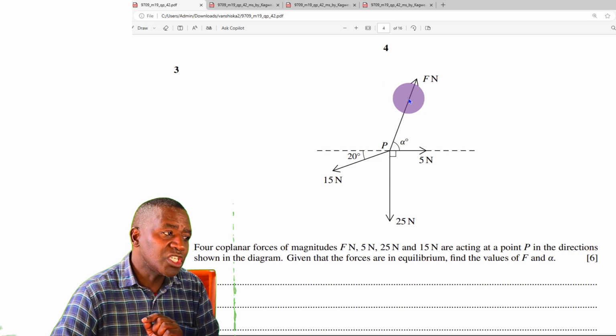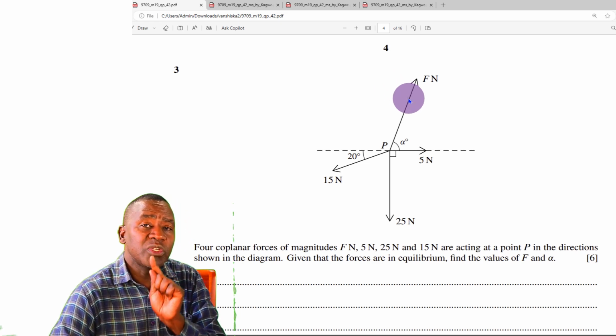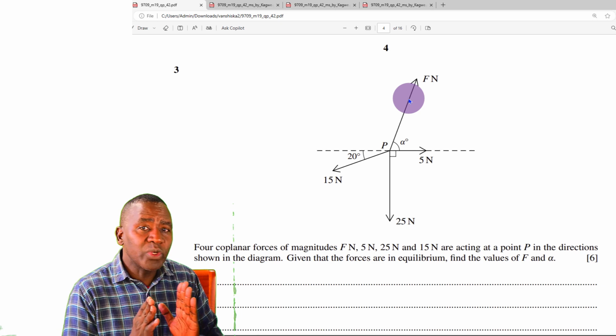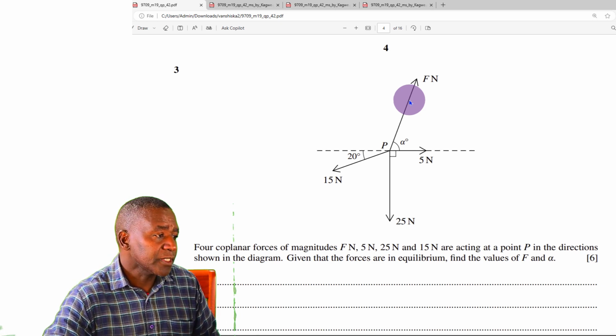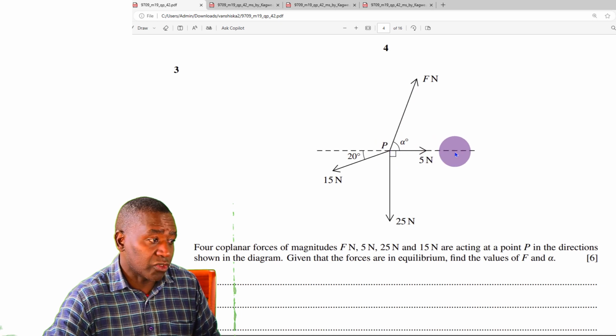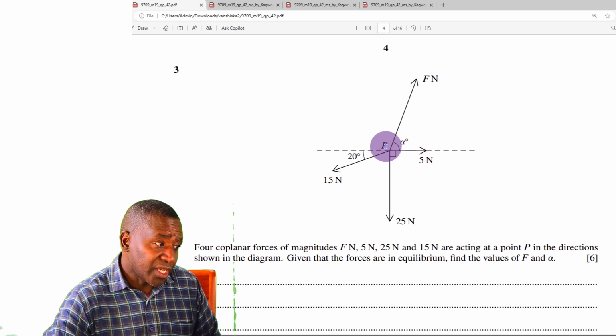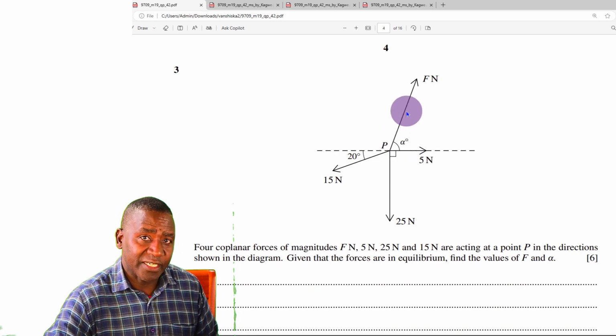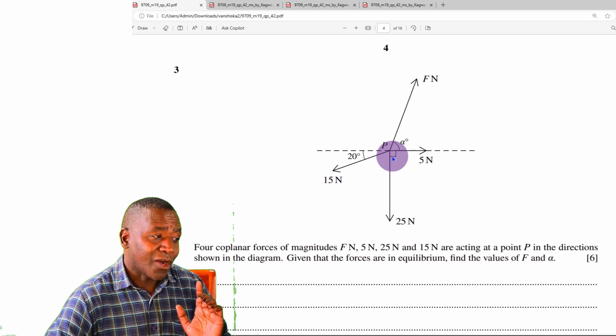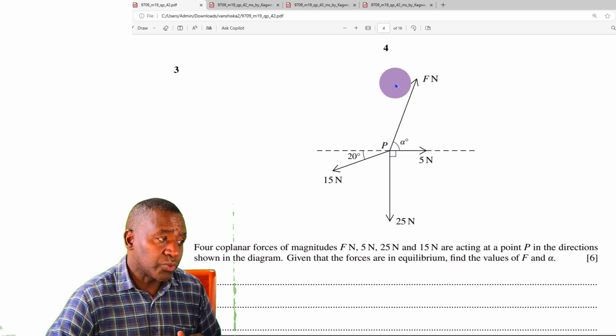The force which is being resolved, or the vector which is being resolved, is always in between the two components. So the first component will take a cosine because that component makes an angle alpha with the vector. And then the other component is perpendicular to it, which will be F sine alpha.